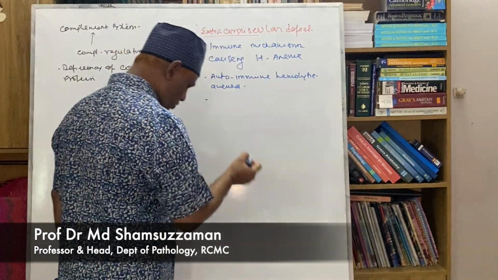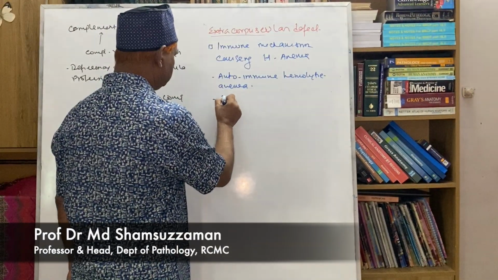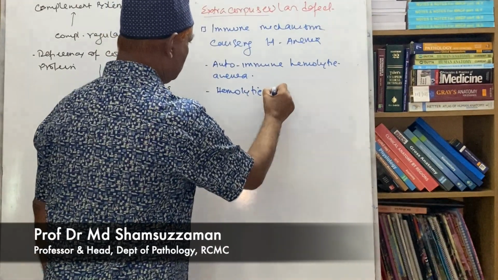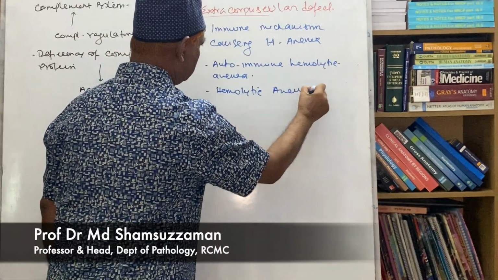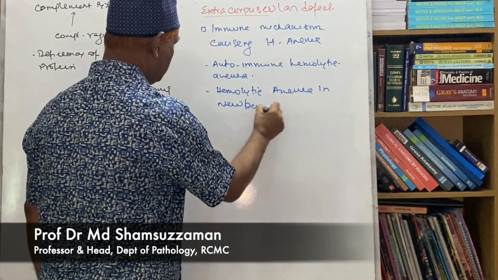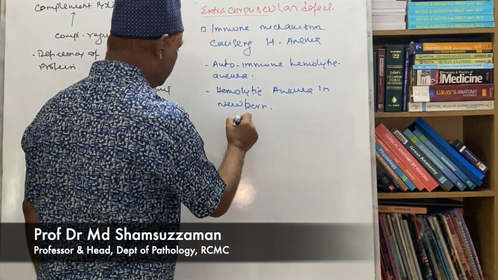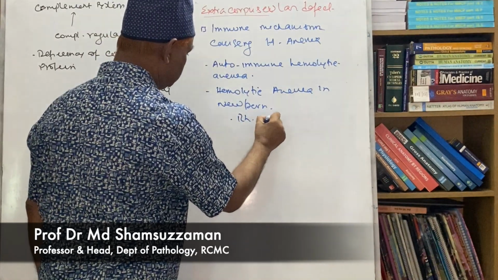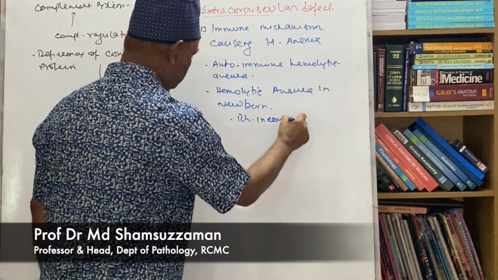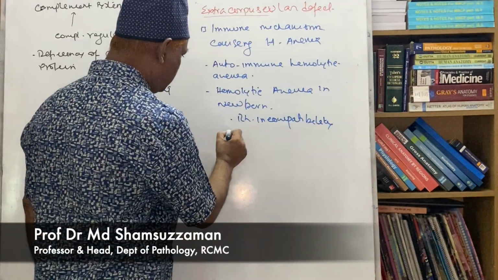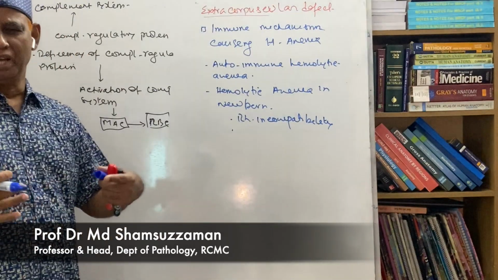Another is hemolytic anemia in newborn. You know, one is erythroblastosis fetalis, that is Rh incompatibility. Another is mismatched blood transfusion.